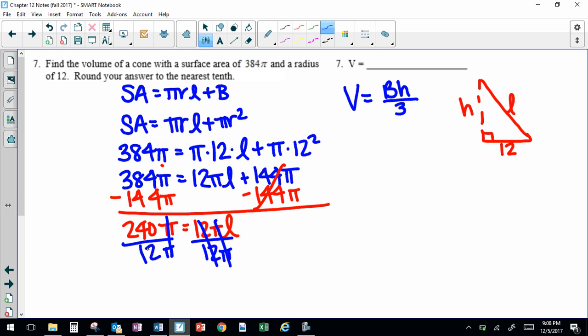And so 240 divided by 12, which is 20, the slant height. Well, again, the reason why we need the slant height is so that we could get another side of this right triangle. So now we can do Pythagorean theorem to find h, because I need that for my volume formula, which is what they wanted us to find.